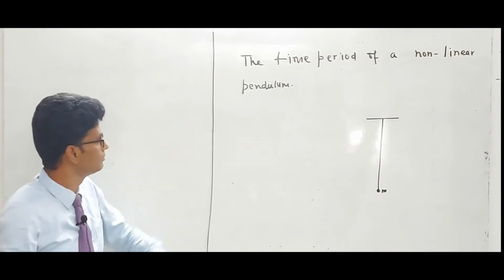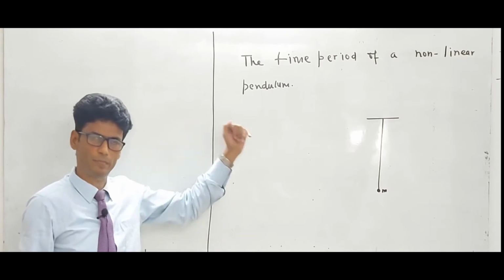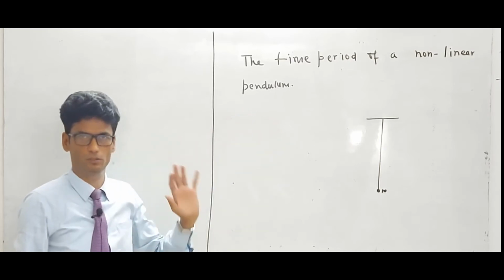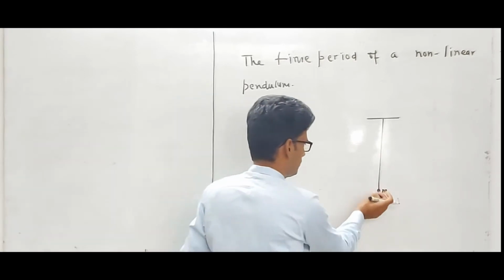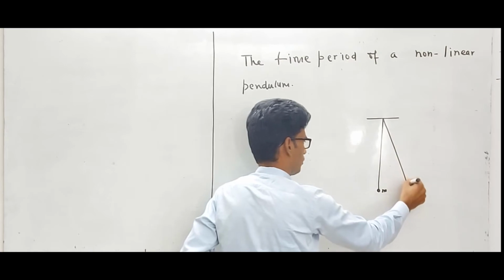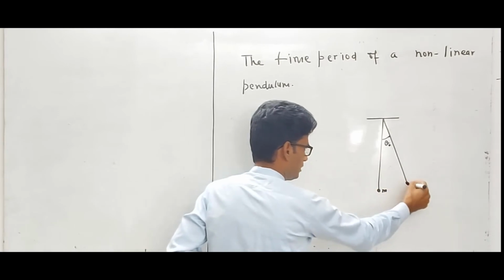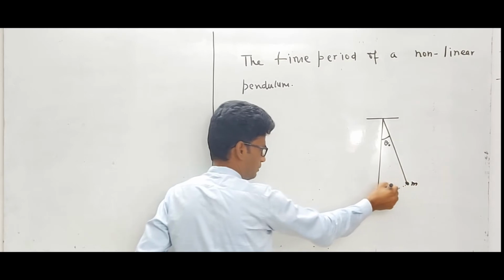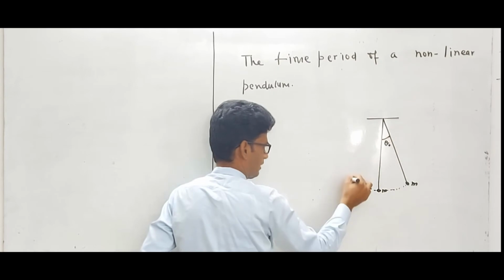Now, in case of a non-linear pendulum, we have to take a finite angular amplitude. So for this, we displace the bob of the pendulum to some angle theta naught, and then let it go. So it moves from here, comes to this position, and swings from here and comes to the same angle theta naught.